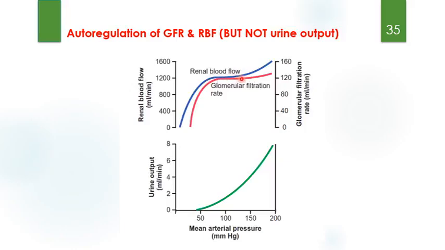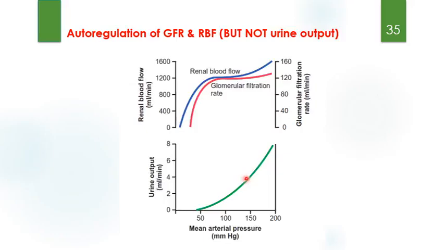But autoregulation is for GFR and renal blood flow and not urine. You see, by increasing blood pressure, urine output is increased. For example, at 95 millimeters of mercury, the normal urine output is 1 milliliter per minute for both kidneys. By increasing blood pressure, the urine output is doubled or even tripled.